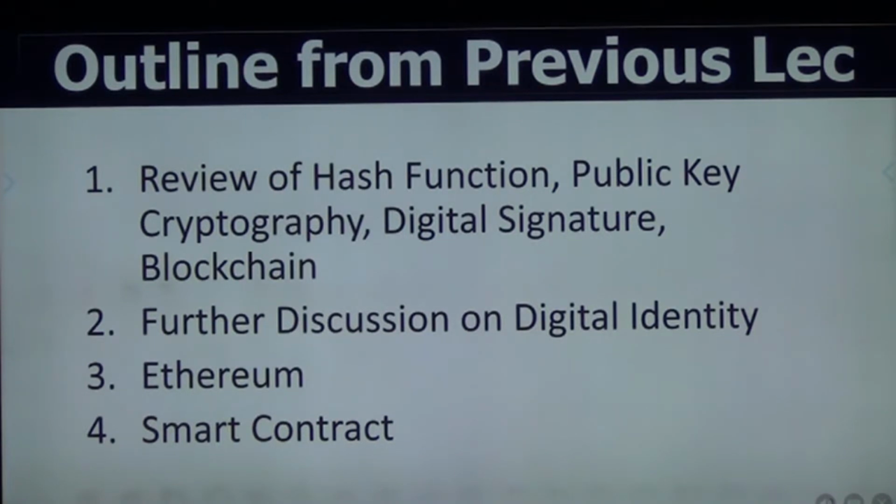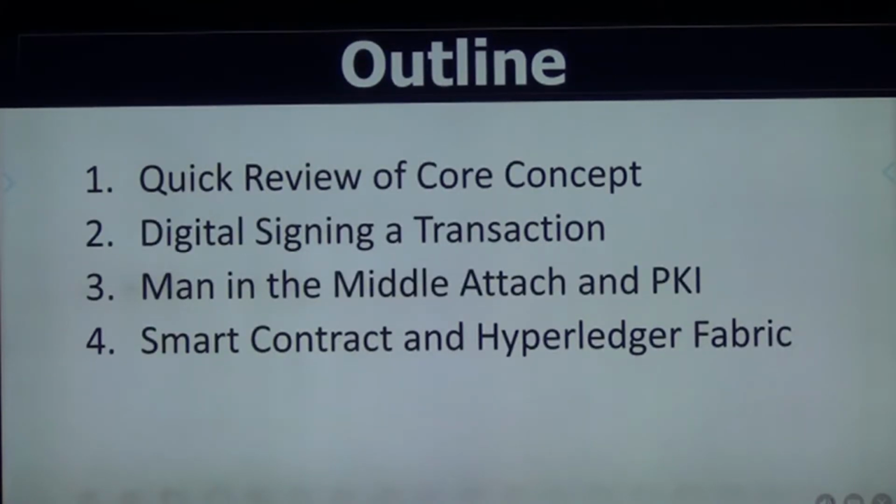Okay. And so today I intend to still do a quick review of the core concepts, but then something which is very important for smart contracts, and especially for permissioned blockchains, because even permissioned blockchains are across 2 organizations.